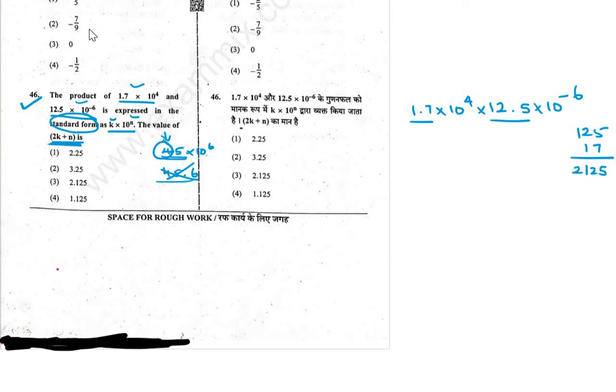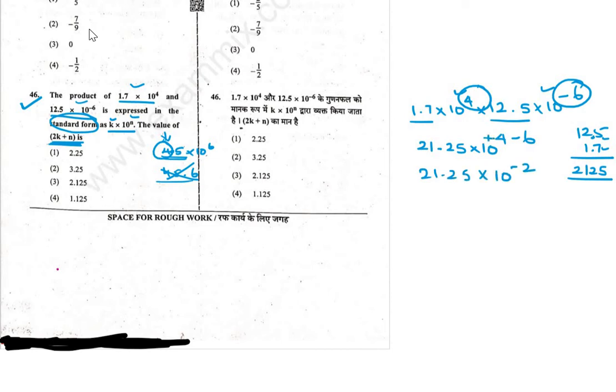After that consider the decimal points. In 1.7 and 12.5 we have two digits after the decimal, so put the point after two digits, and the answer is 21.25. Then the bases are the same, so we add the powers: 10 to the power of 4 minus 6. So 21.25 into 10 to the power of minus 2.